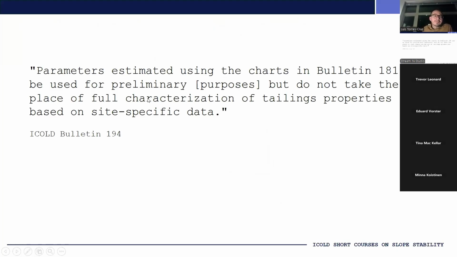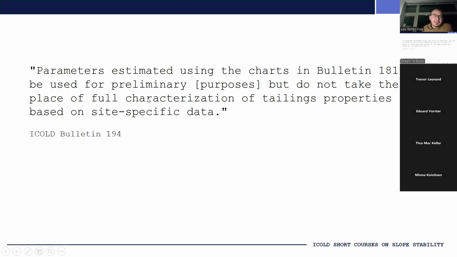The bulletin emphasizes that parameters estimated using the charts in Bulletin 181, which are charts like the ones that I've been showing just now, can be used for preliminary purposes, but do not replace the full characterization of tailings properties based on site-specific data.